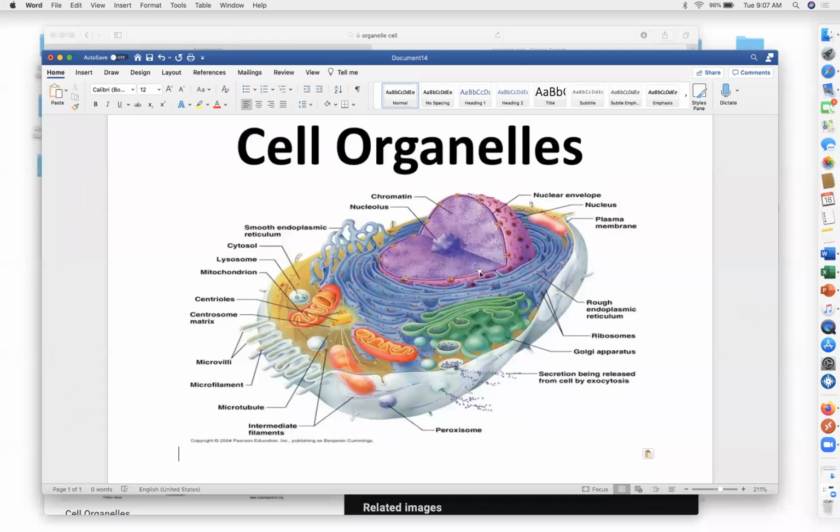And it's so important that it has its own skin. It has its own protective envelope, okay?